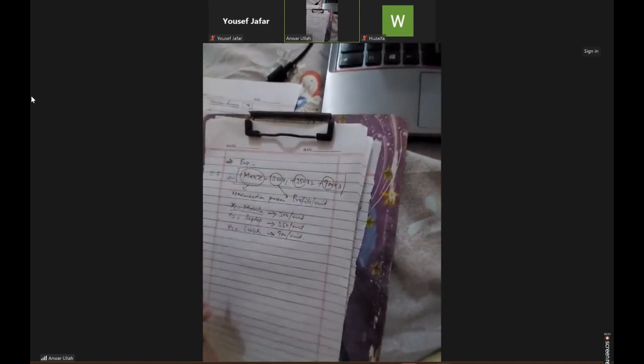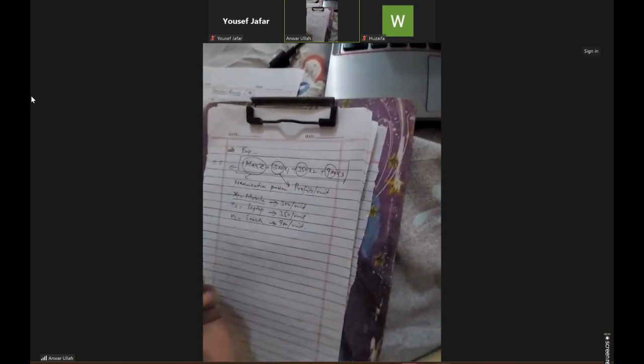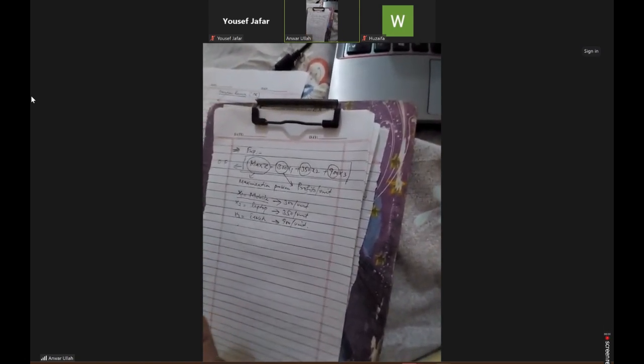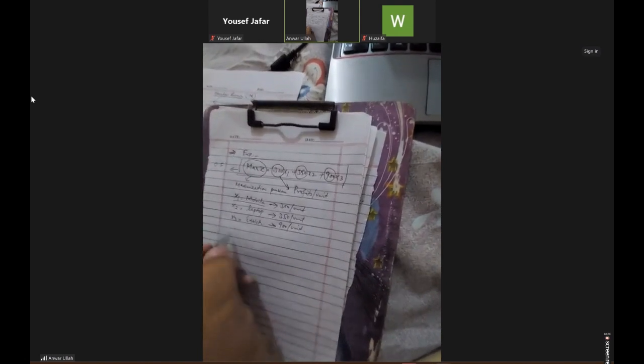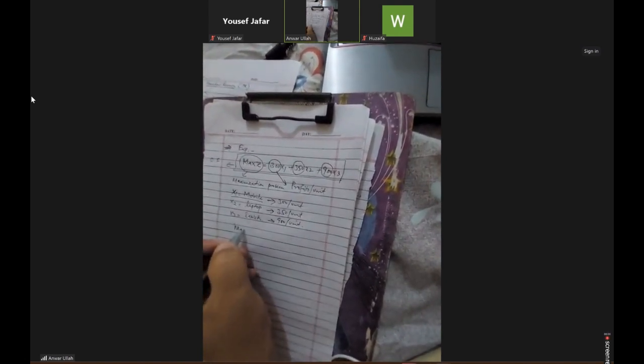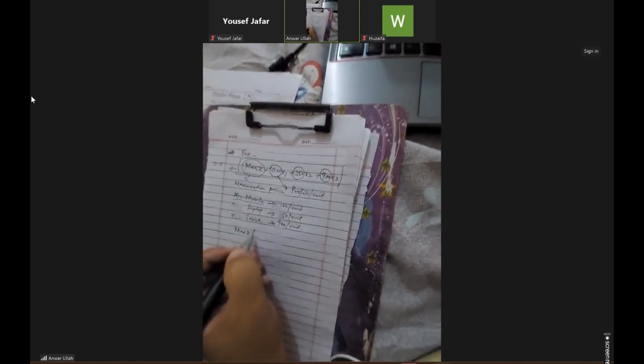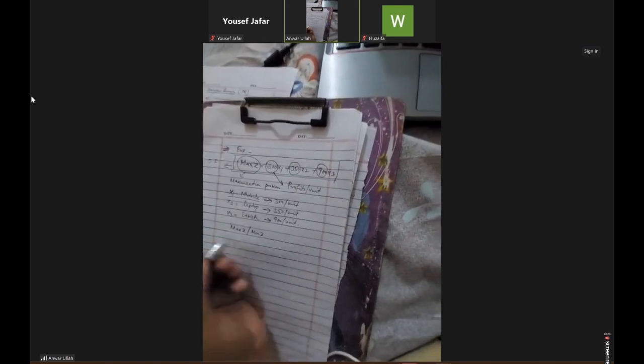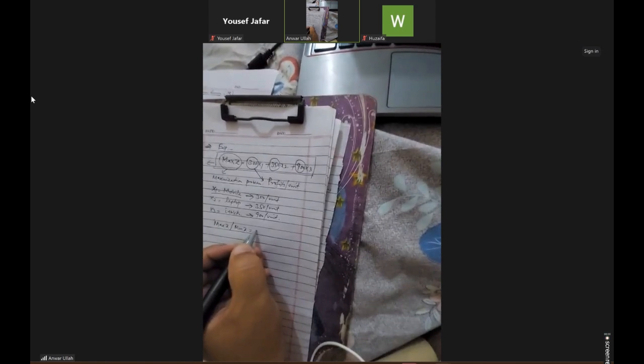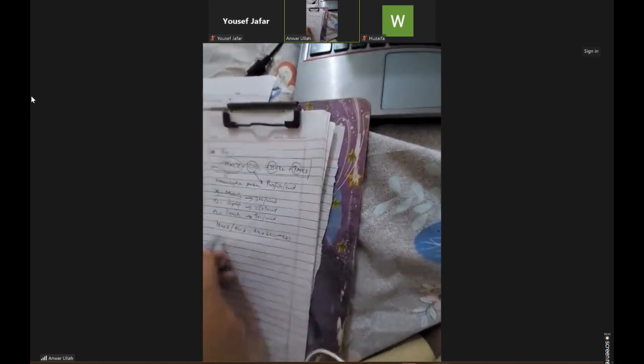Now, how do we write it? We write it into two main parts actually. The first thing is the objective function, for example, ax1 plus b into x2 plus c into x3. And then we write subject to, and then we write the constraints of the system.